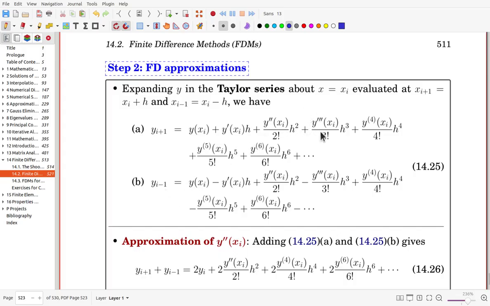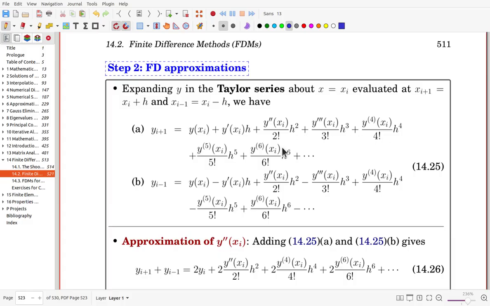Okay, here at x_i, now x_(i+1) will be x_i plus h, and x_(i-1) is x_i minus h. Along with this, we can get y_(i+1) equal, this is the alternative form of the Taylor theorem.